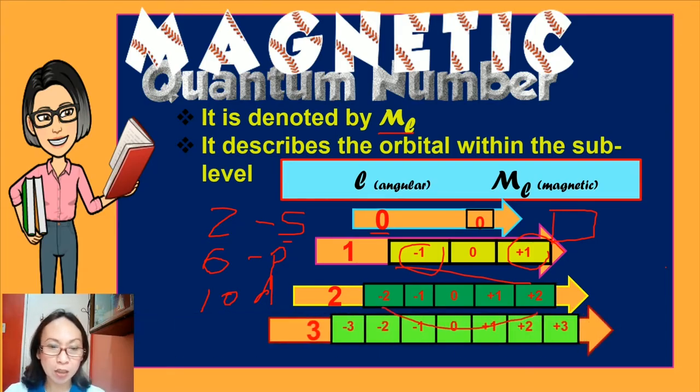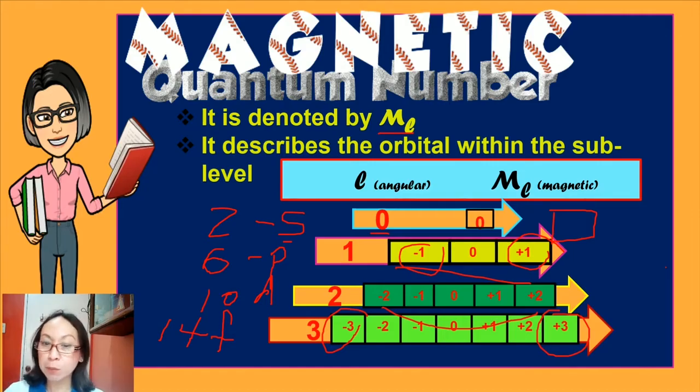For the last one, if the angular is 3, that is under sublevel F with a maximum number of electrons of 14. How many orbitals? 7. From negative 3 up to positive 3. Okay, yan po yung mga value ng bawat orbital.